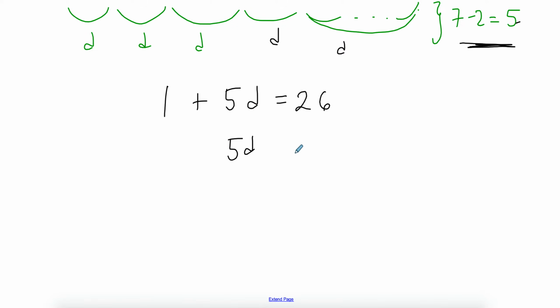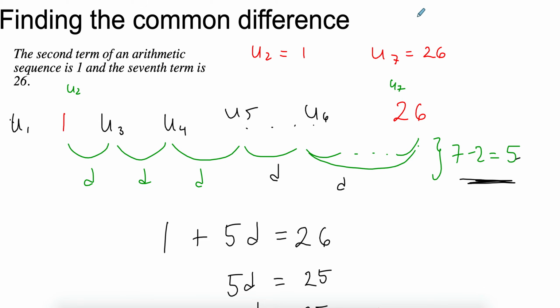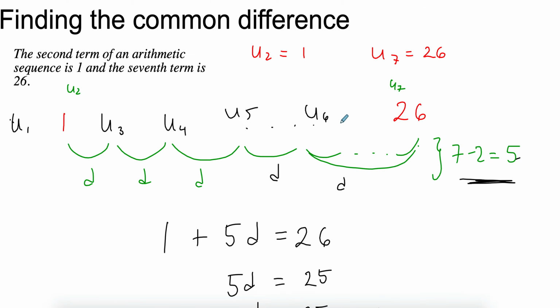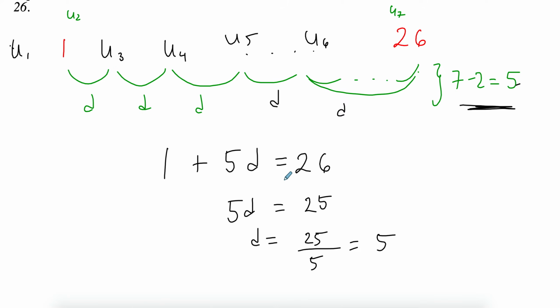So we have 5d is equal to 26 minus 1, which is 25, and then d is equal to 25 over 5, which is 5. And you can check your answer by using the formula now. The formula won't work actually because you don't have u1, but just test it out. Try adding 5 times and see if you get from 1 to 26.